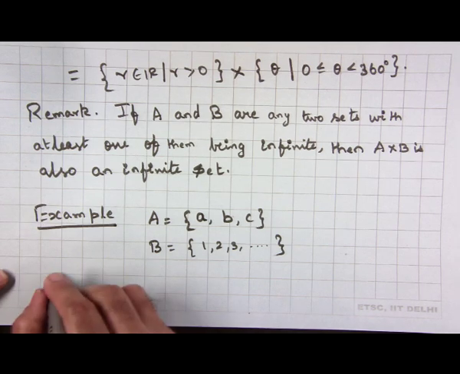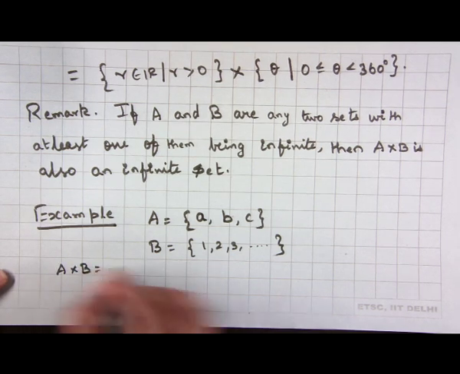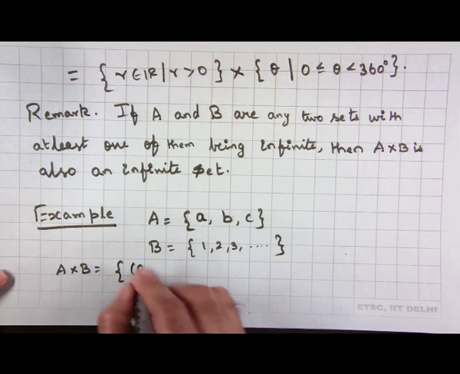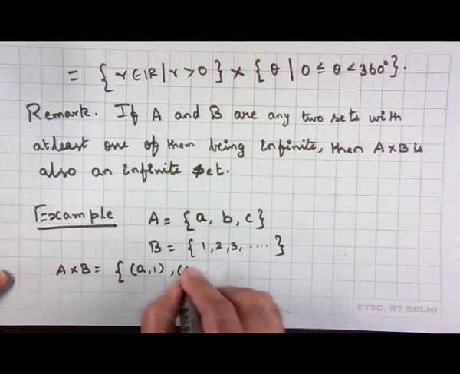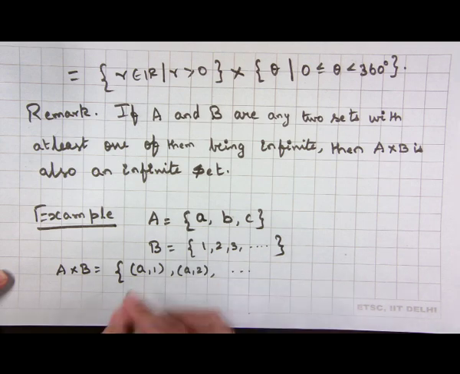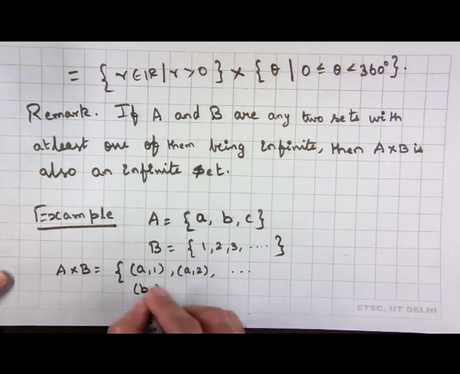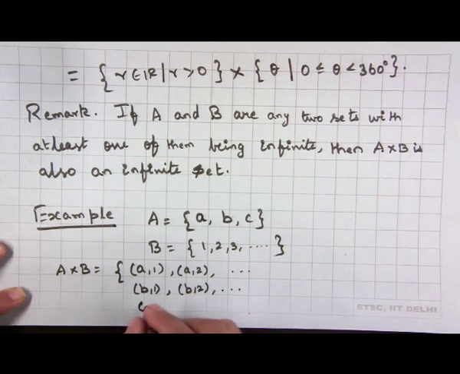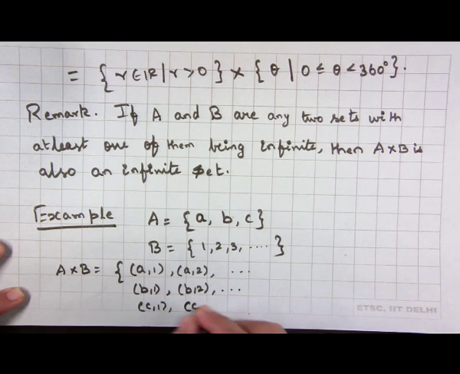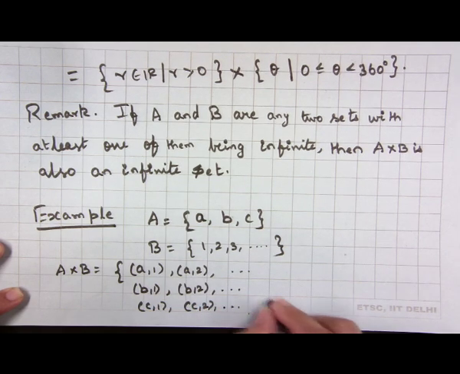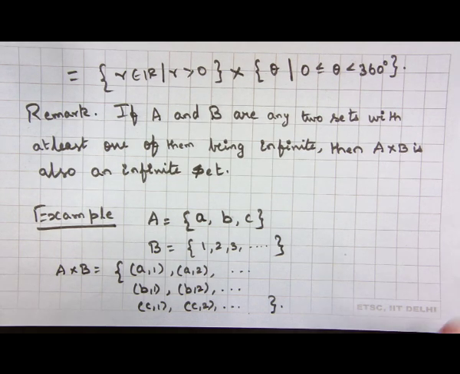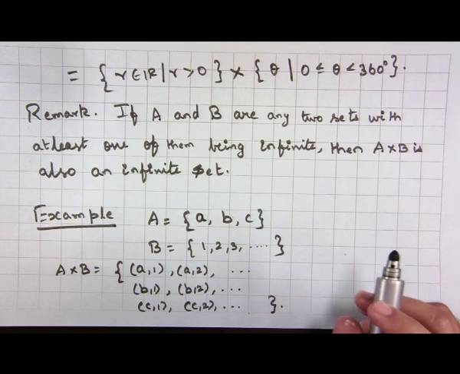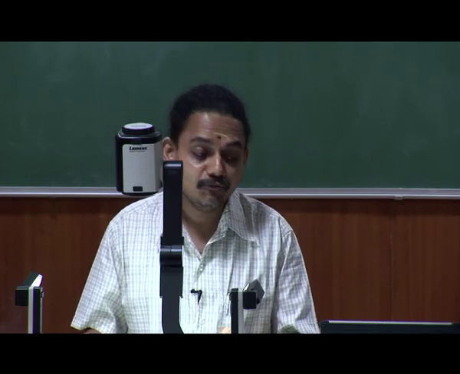Now, A cross B is going to contain a comma 1, a comma 2 dot dot dot, b comma 1, b comma 2 dot dot dot, and c comma 1, c comma 2 dot dot dot. So, although A is finite, since B is infinite, A cross B is infinite.